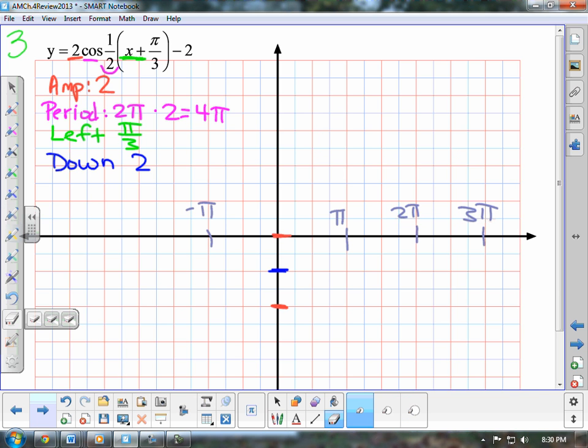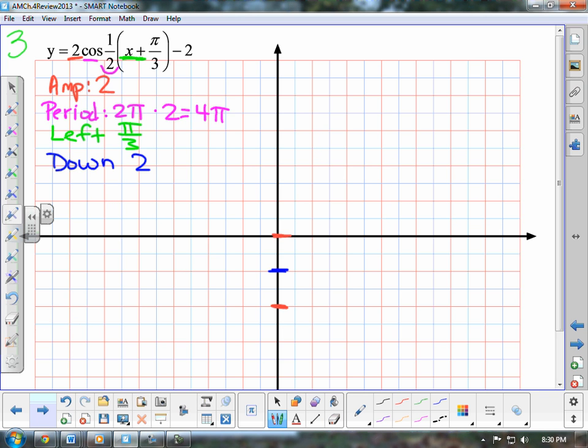And actually, that's probably not even a good use of our scale because we have to shift it pi over 3. So we want to have at least the third mark out, or the sixth mark out be pi. So we're going to go to the third. So there's pi and 2 pi and 3 pi and 4 pi.